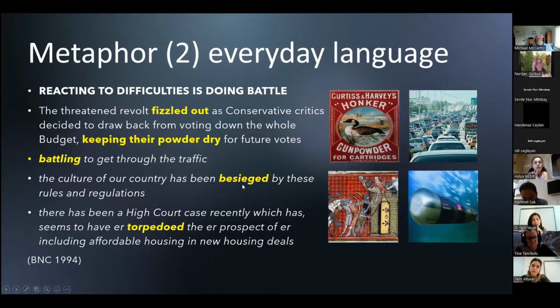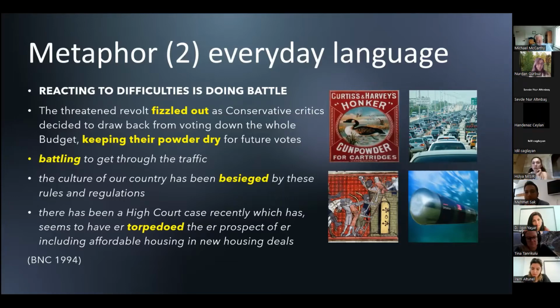The third one, besieged, which is what used to happen hundreds of years ago when armies would surround a castle. And torpedoed, like an underwater torpedo fired from a submarine. So these are ordinary everyday reports. This is not Shakespeare. These are simply newspapers, and in the fourth case, somebody actually speaking.